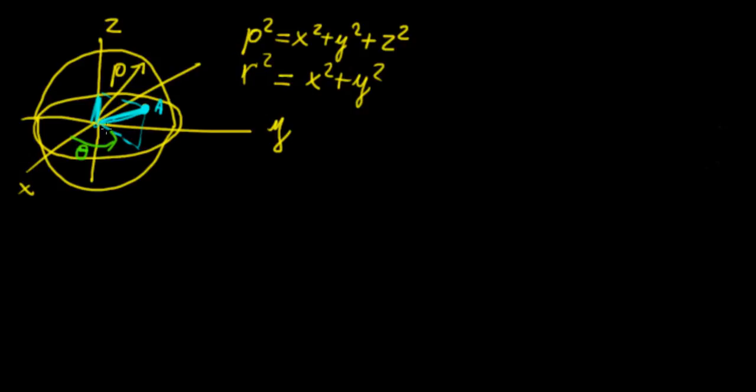Now obviously to find this length, we need to find the projection that this rho, or this radius of the sphere, makes with that. So in order to find that, we need to define another angle with respect to the z-axis. Let's call that other angle phi.